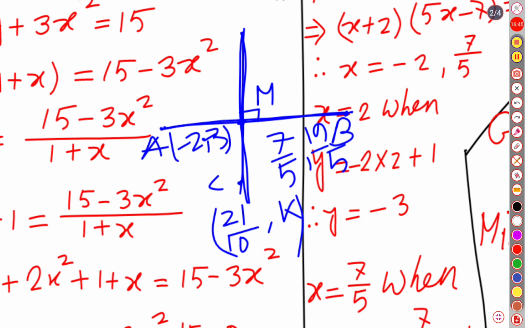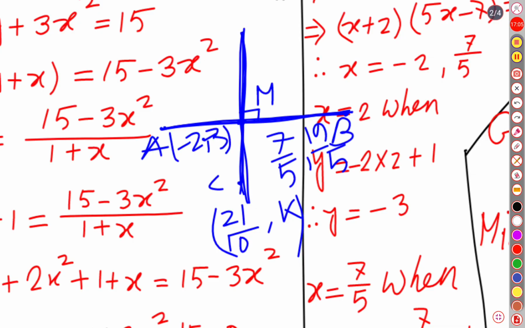Then what is the relationship between AB and the perpendicular bisector? The gradient of the perpendicular bisector is the negative reciprocal of the gradient of AB. This is the concept we should know: for a perpendicular bisector the gradient becomes the negative reciprocal.